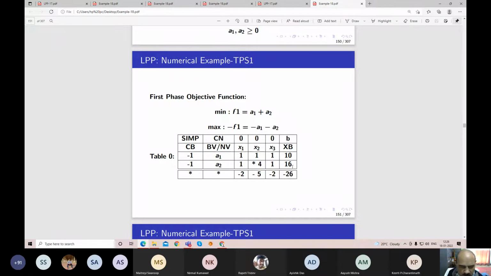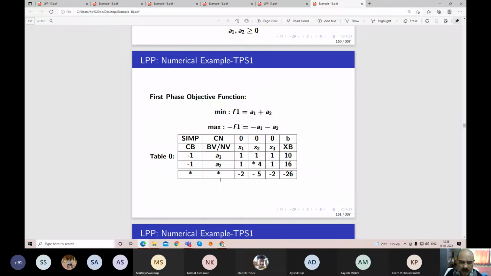In the problem we have two basic variables, a1 and a2. You can see it is written there: basic variables with respect to rows, non-basic variables with respect to columns. So there are three non-basic variables and two basic variables.